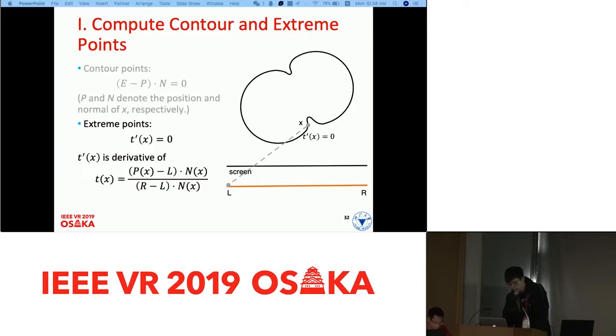But in practice, finding a surface point that satisfies this condition is infeasible because the derivative value is not continuous due to the discrete representation of 3D models. Thus, we compute extreme points by finding the surface points where the sign of the derivative of the trajectory function changes.